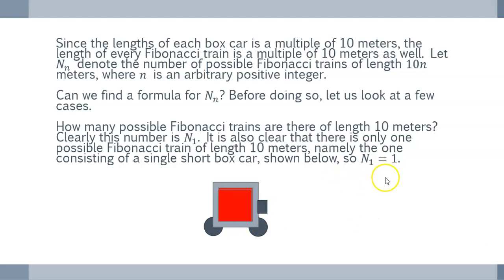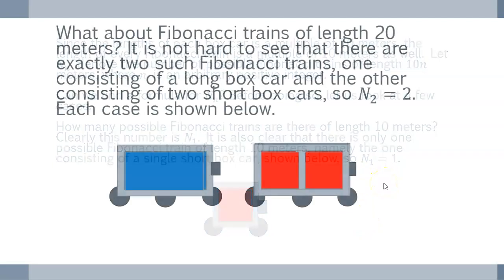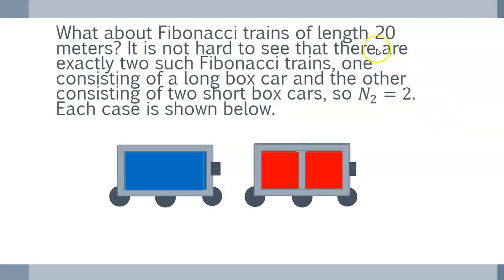So capital N sub 1 is 1. That case isn't too exciting. What about length 20 meters? In that case, it turns out there are 2 possibilities. Either the train consists of a long car, which has length 20 meters, or 2 short cars, each with length 10 meters. So we have capital N sub 2 equals 2.